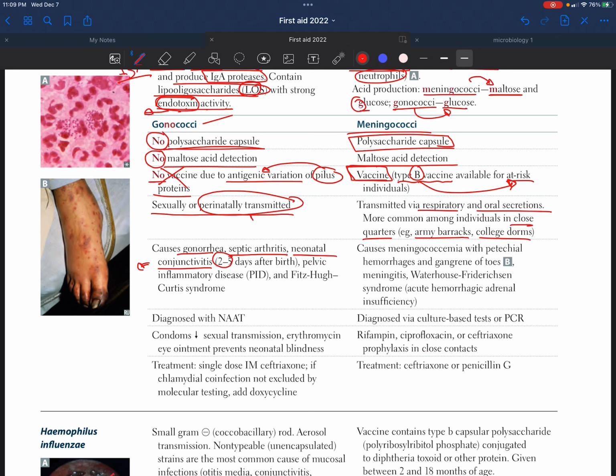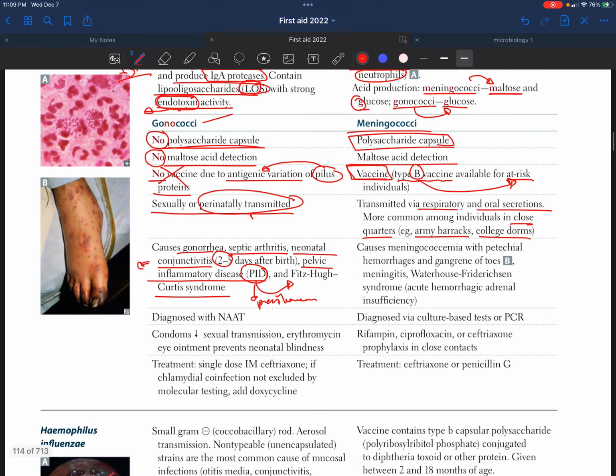A female, because it is sexually transmitted, could develop pelvic inflammatory disease, and if this pelvic inflammatory disease is not treated very well, it could develop into Fitz-Hugh-Curtis syndrome. Basically, this infection is going to spread into the peritoneum, and then it may produce adhesions, like liver adhesions, for example. So that's the Fitz-Hugh-Curtis syndrome.